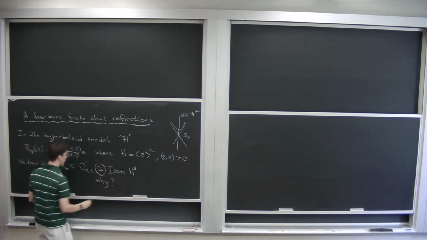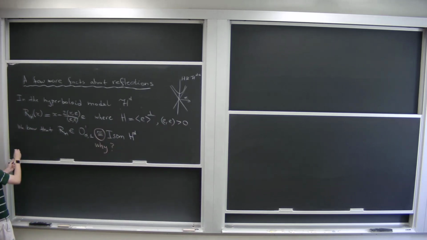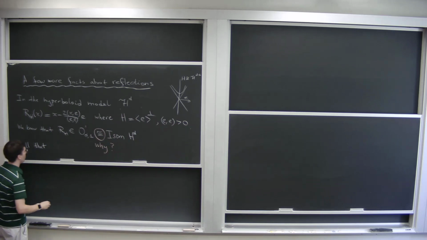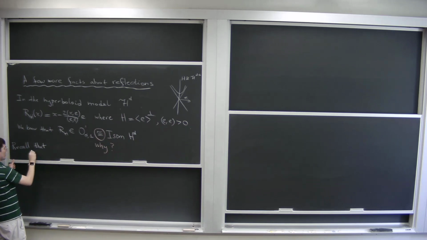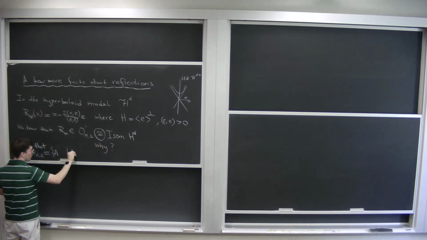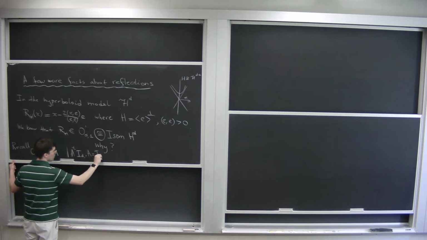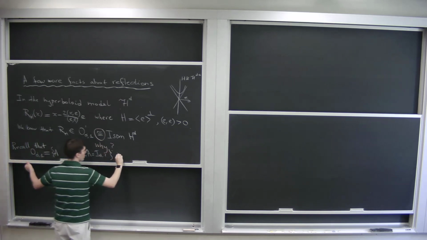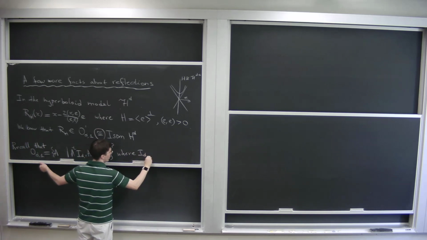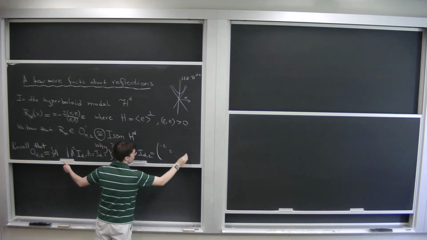So it definitely belongs to O'(D,1), and this is isomorphic to the full isometry group of H^D. The question is why these are isomorphic. Recall that O(D,1) is the set of matrices A such that A transpose I_{D,1} A is I_{D,1}, where I_{D,1} is my diagonal form of signature (D,1).